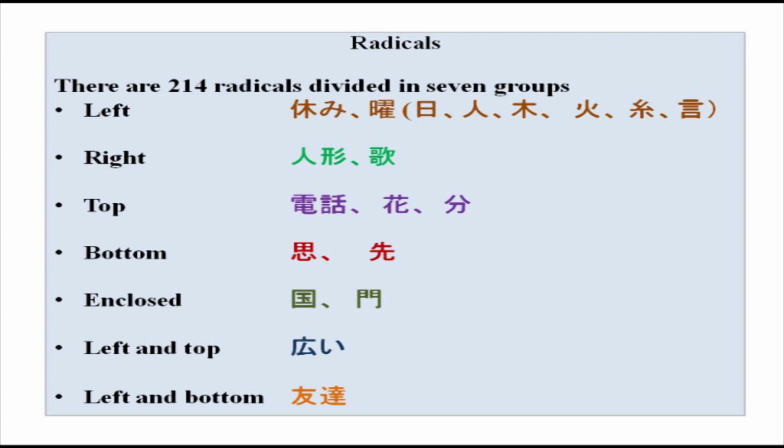So, well, this is about radicals, this is just to give you a small idea as to what radicals are.